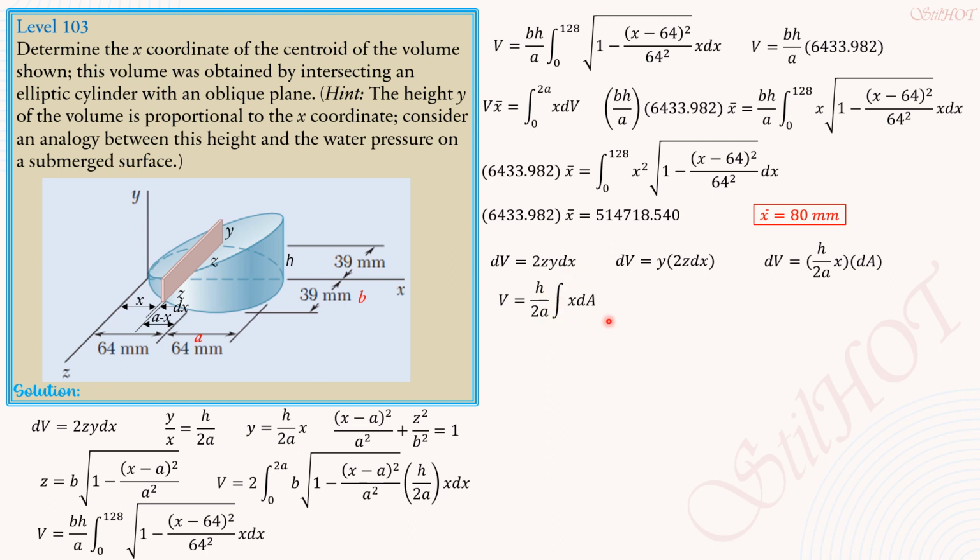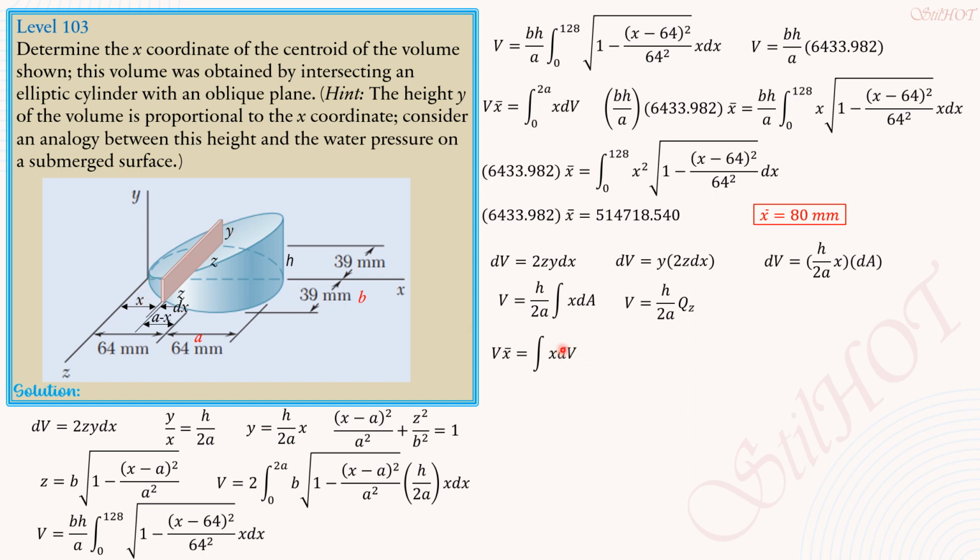So since h over 2a is constant, volume equals h over 2a integral of x dA, and we define this expression as the first moment of area, which is called Qz. So volume equals h over 2a times Qz, the first moment of area of the ellipse with respect to the z-axis. Likewise, volume times x-bar equals integral of x dV, because the x coordinate of the element on this slab is just x.